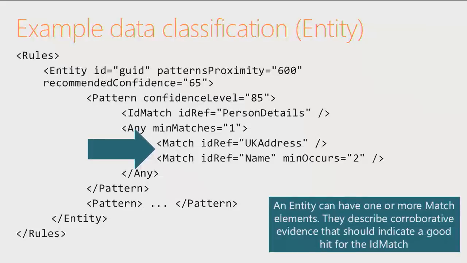Here's a slide that describes the picture, in picture language, how that works. For example, in orange at the top left, there's a UK tax number, a national insurance number. So it's detected a national insurance number, and it will look, in this case, patterns proximity 300.